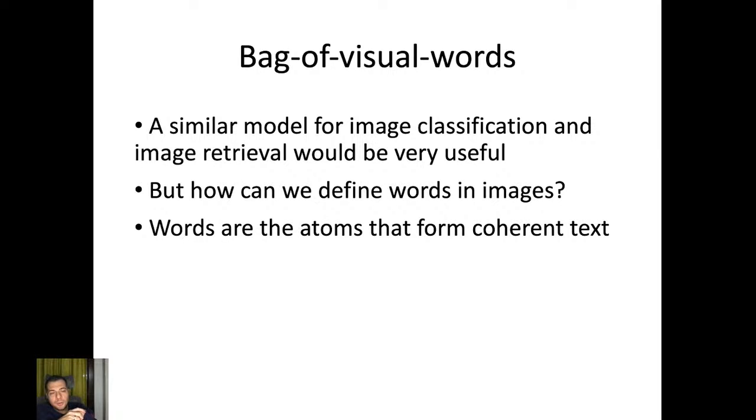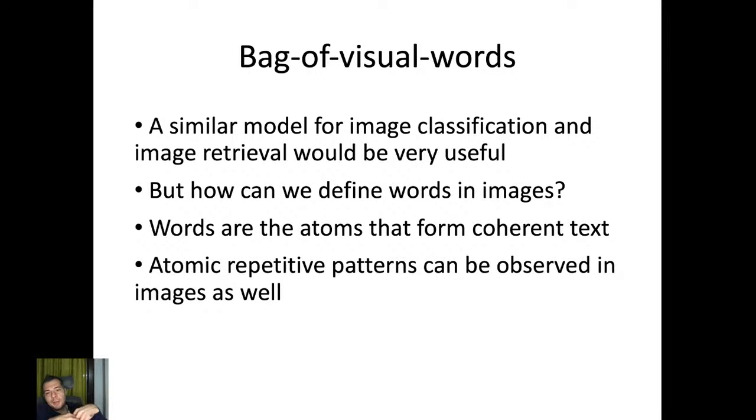Okay, so what we want to build here is a bag of words model that can have equally good results in image classification and image retrieval. The main problem is how we define these words. We can try to think of how words are used in text and language. Words are the atoms that form coherent text.